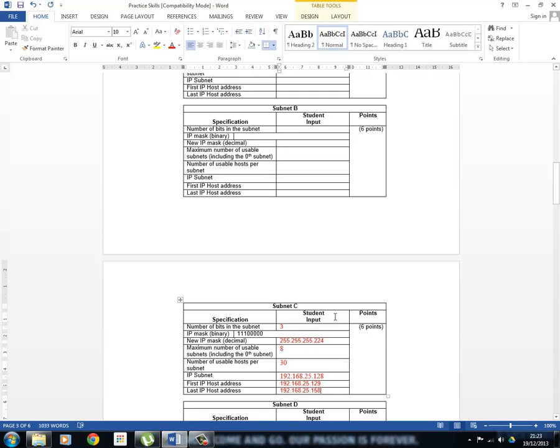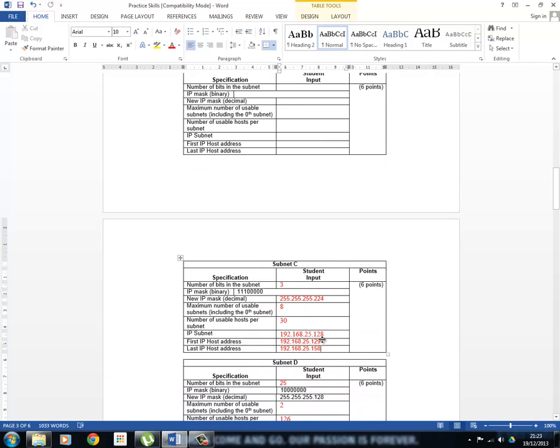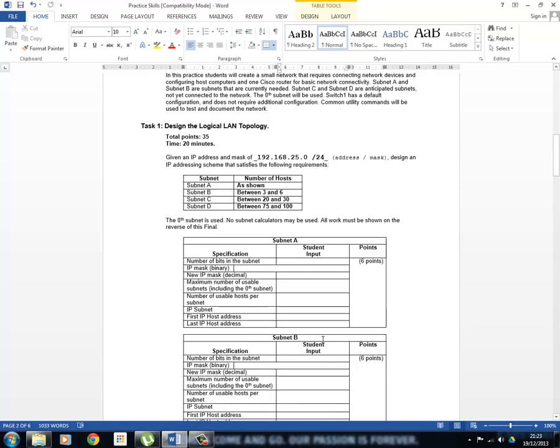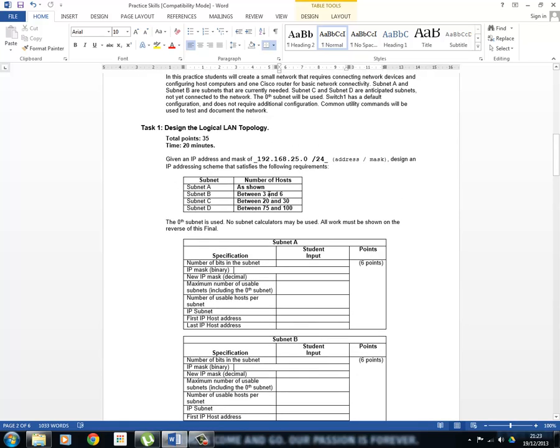Okay, so we've now done the actual C class. So we know the next start point is going to be 160, so now we can work on the next class C. And the class C, we need 3 to 6. 3 will go into 4, but it won't minus the 2. So it doesn't matter, it's going to be 8 anyway. So it's going to go up in 8 because within this range here, it has to be 8.